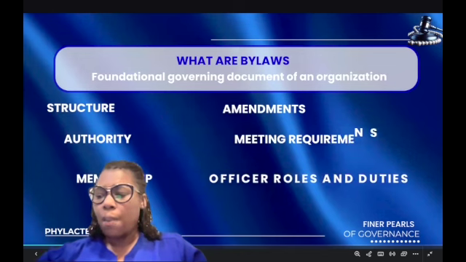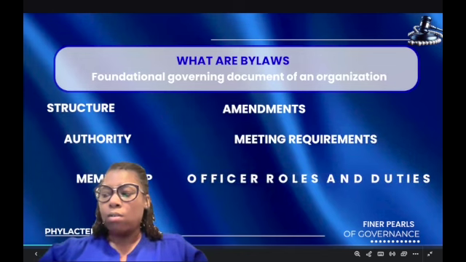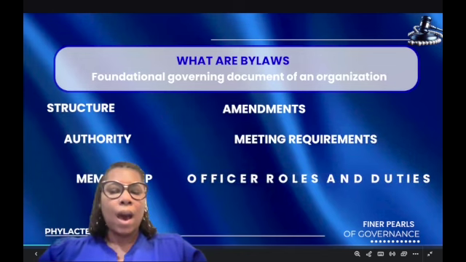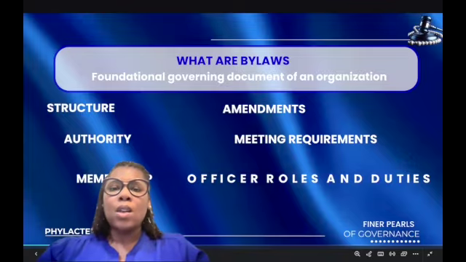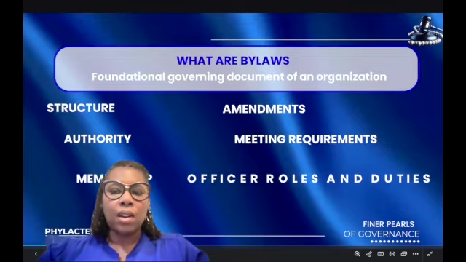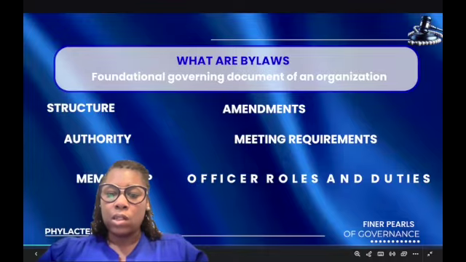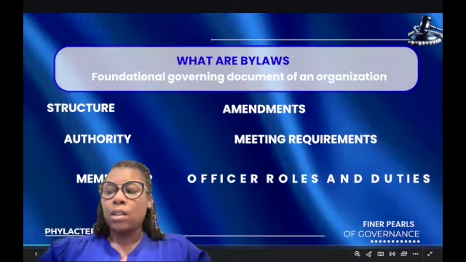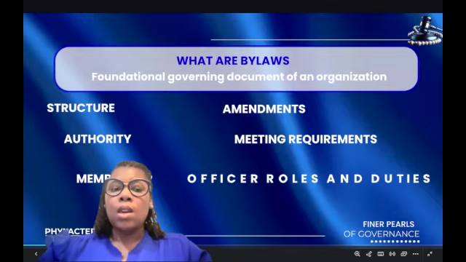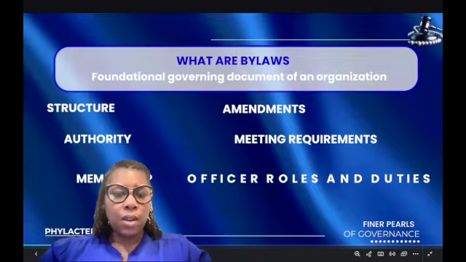So, what are our bylaws? We all know that we have them. We have them on different levels. So basically, our bylaws are our foundational governing document of any organization. They provide structure. They give who is the authority.